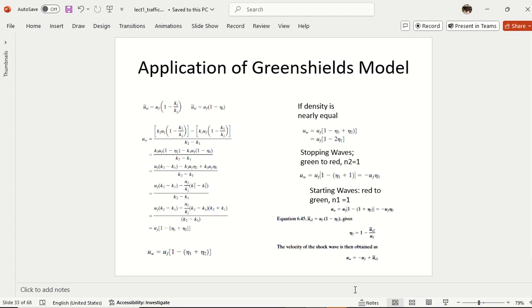So if this is US2, then this is eta 2. Using this equation you can get the value of eta 2, which is 1 minus US2 upon UF.